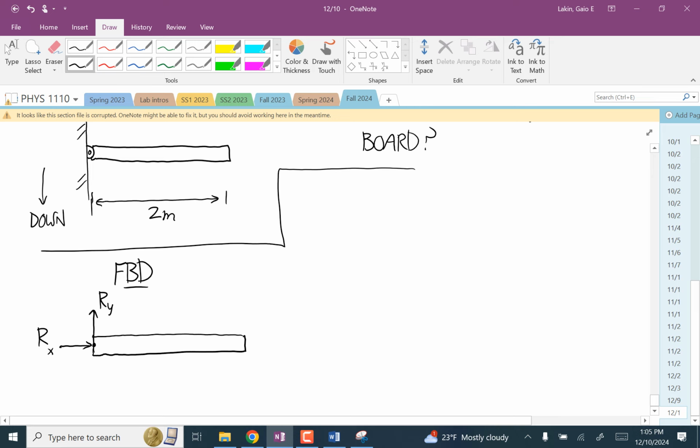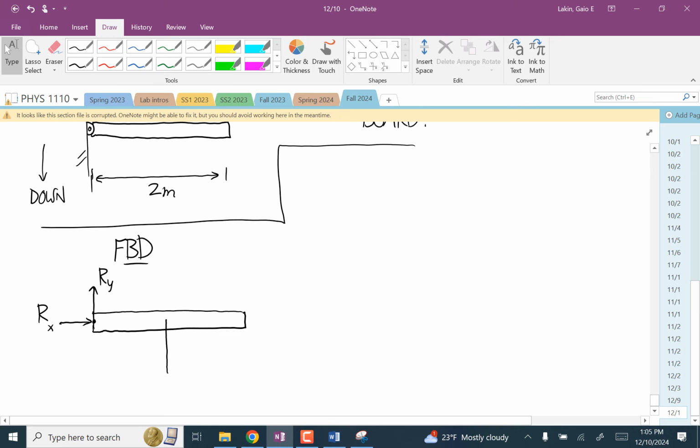And then the only other force here is the weight force, and that always acts at the center of the object. Okay, so it's always exactly in the middle of the rectangle is where the weight force needs to be applied. And this is equal to 98.1.